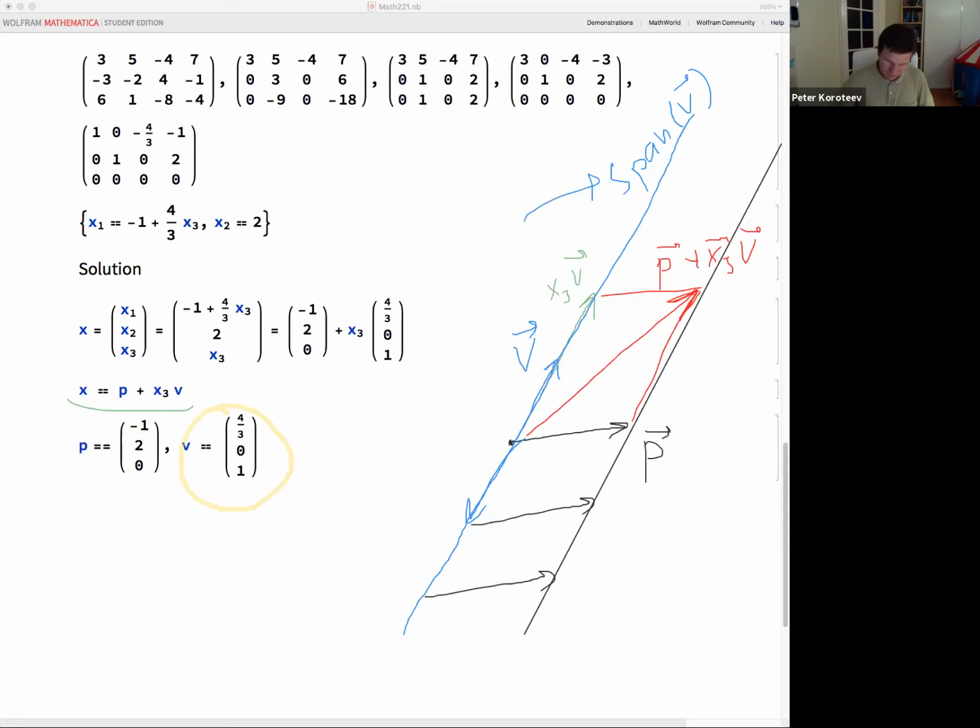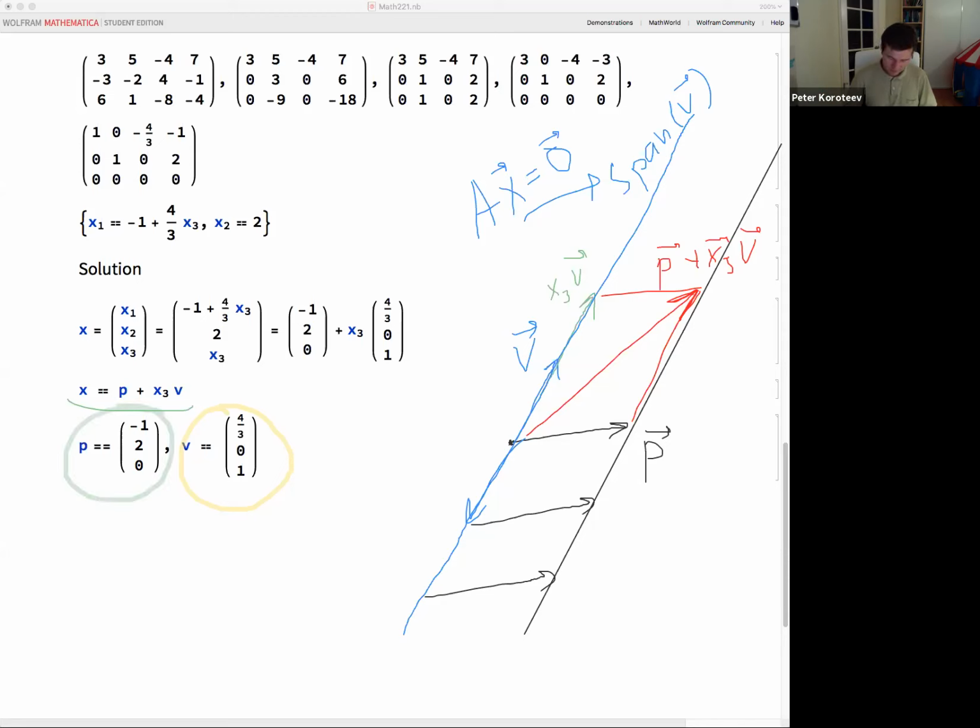So this is the space of solutions of Ax equal to 0. And now because we have this non-trivial right-hand side, this b vector, excuse me, we also add the vector p.